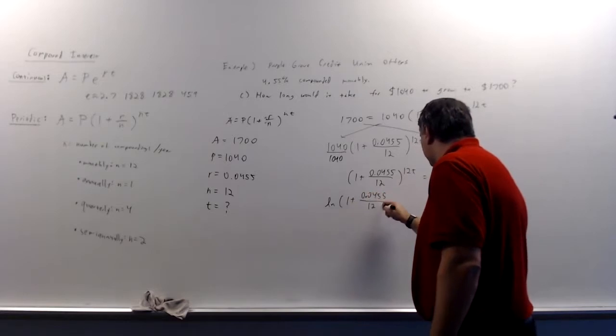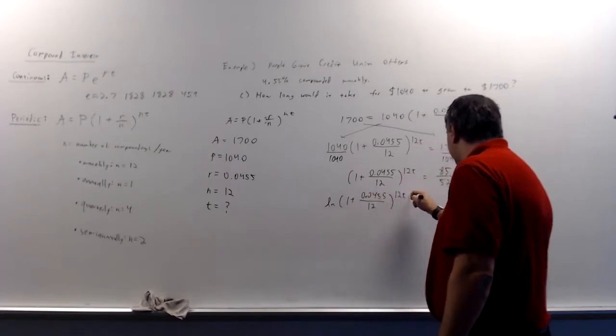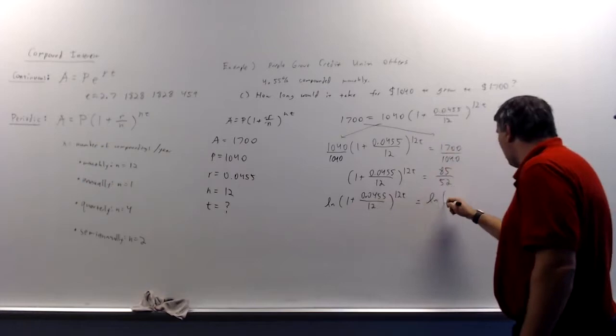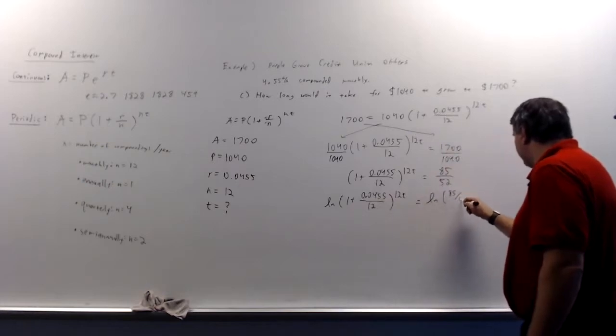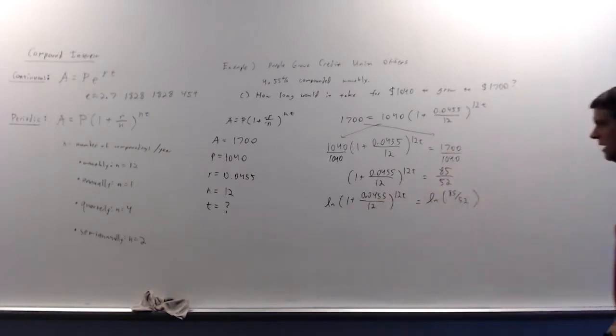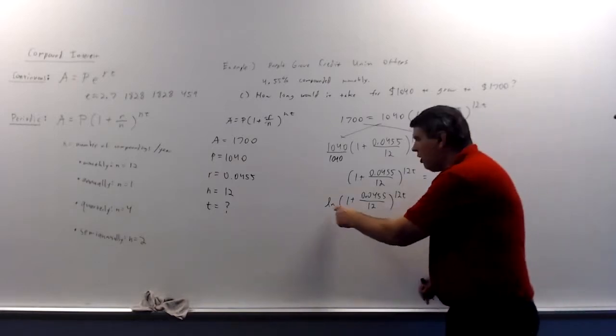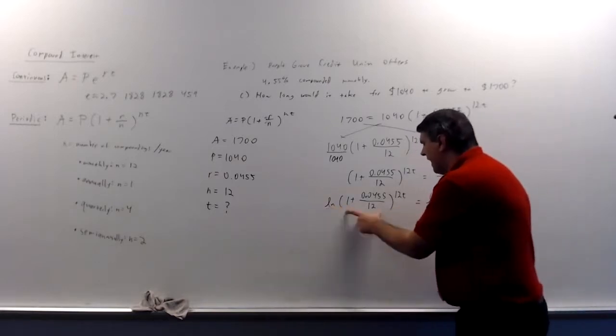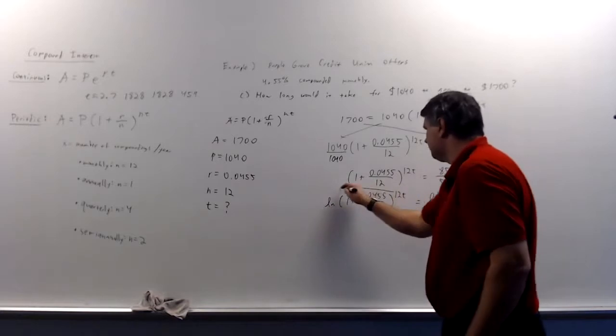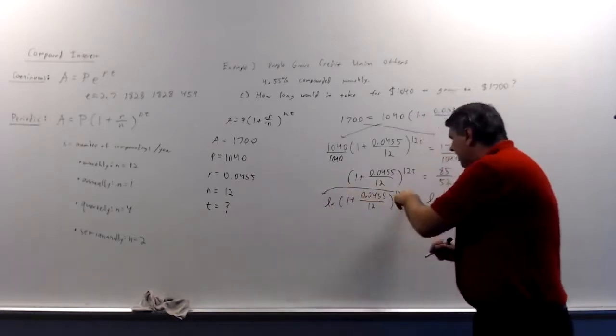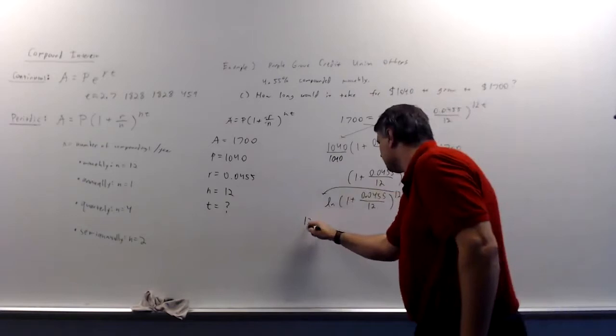Divide off the 12 to 12th power equals a natural log of 85/52. Now, this natural log is log base e. Log base e of something else of another base allows me to take this 12t to the front.